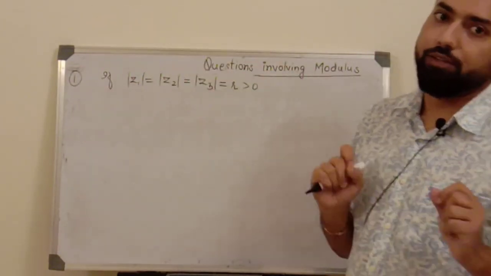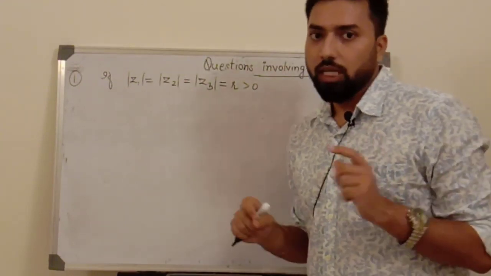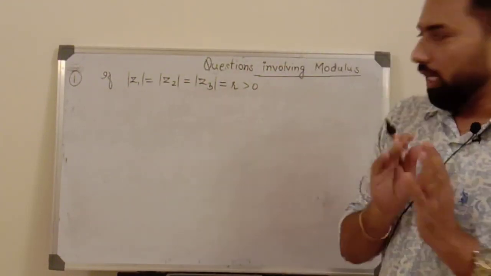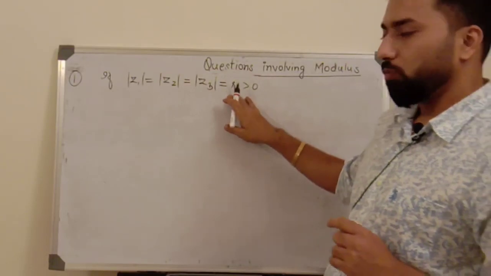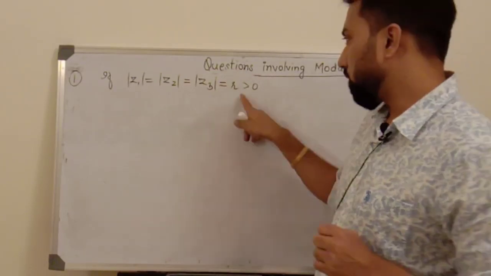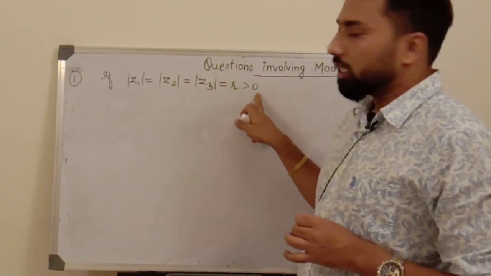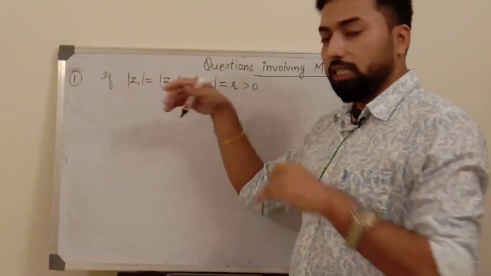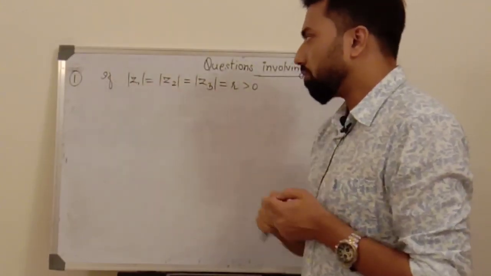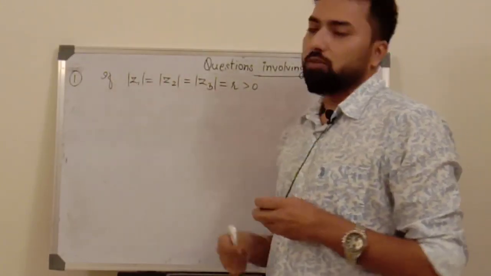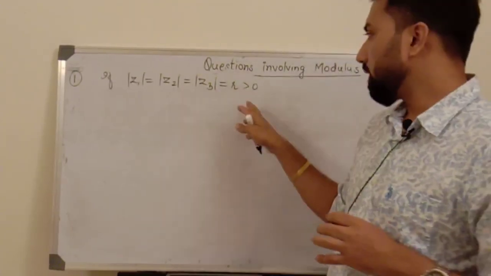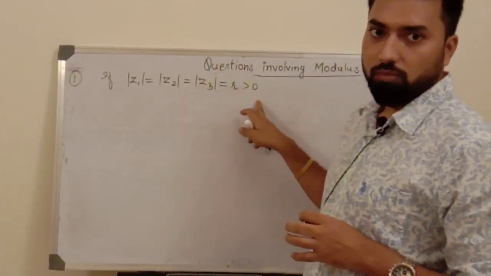Distance cannot be negative. It will always be positive or 0. Here it is given to be positive because none of these complex numbers are 0. So all the moduli are greater than 0.